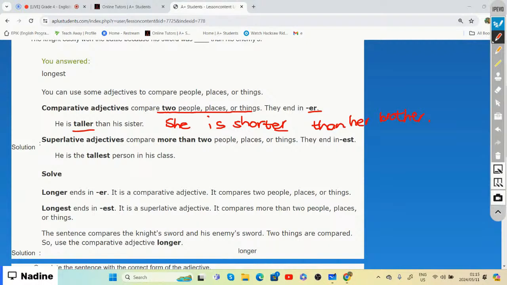So comparative adjectives compare two people, places, or things, and short is one syllable, so the word ends with er, or our superlative adjective ends with est. With superlative adjectives, we said it compares more than two people, places, or things, and it ends in est.